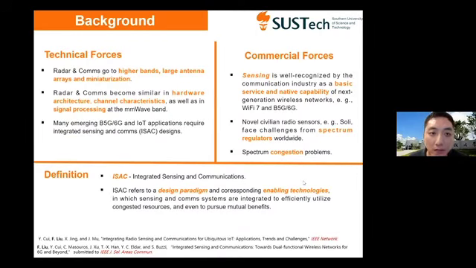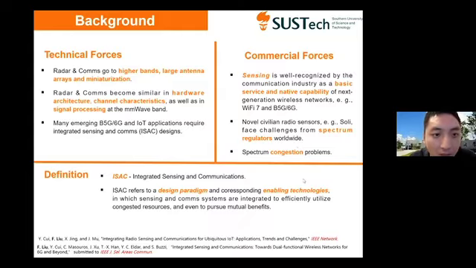So let's first look at the background of this technology. The background of integrated sensing and communications is twofold. First of all, there are technical forces. After all these years of development, radar and communications are now going to higher bands, larger antenna arrays, and miniaturization.